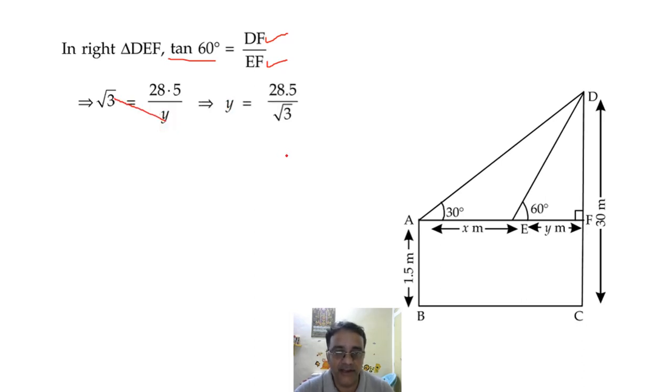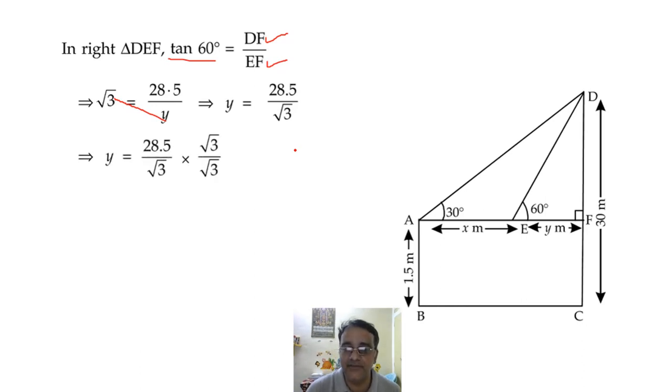So Y is equals to 28.5 upon root 3. Now we already got X plus Y is equals to 28.5 root 3. So first we are simplifying Y. Rationalize this. So this 2 will become 3.